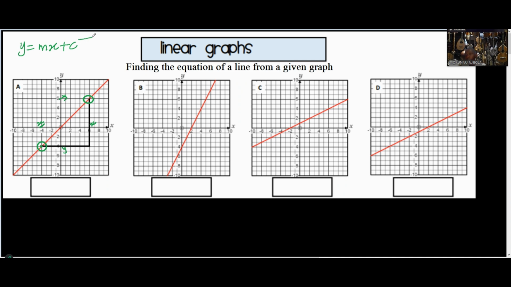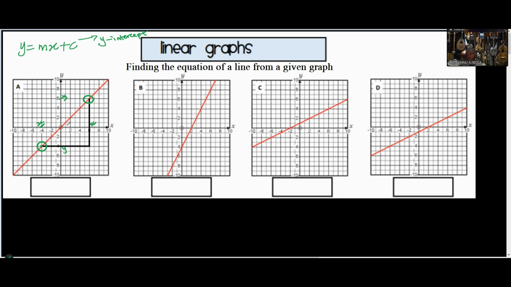C is the intercept, okay? Y intercept. Are you getting it? Yes, the y intercept is the c.